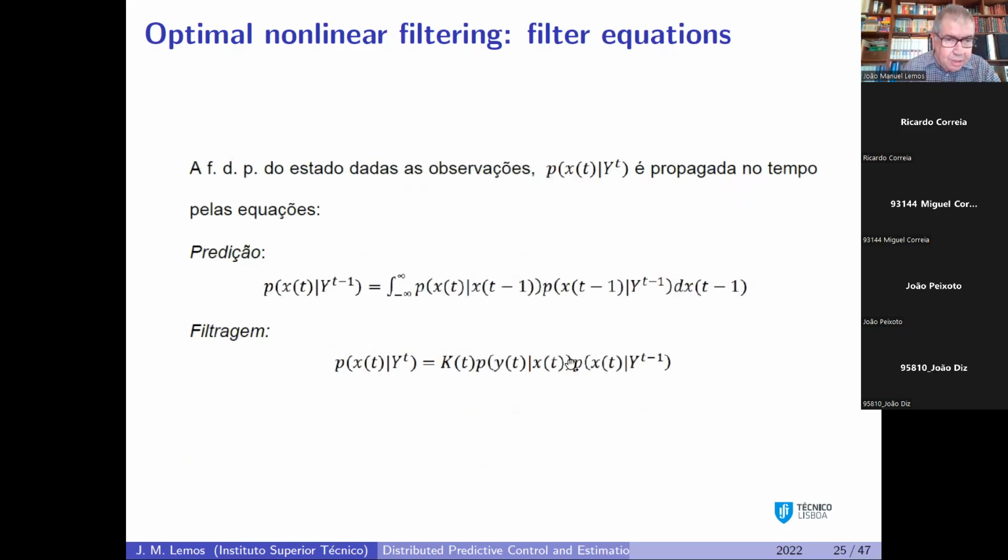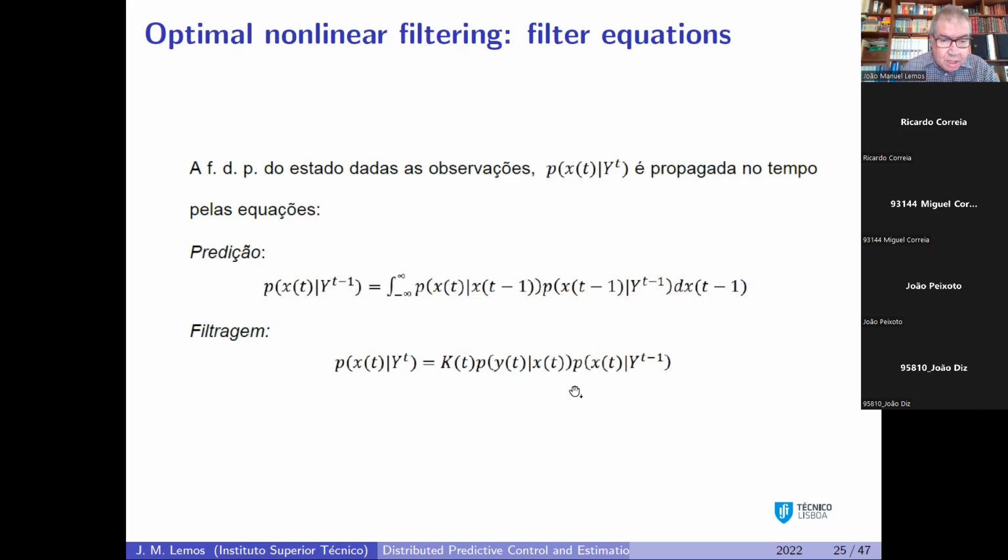So our nonlinear filter in general consists of these two operations. You start with the density of the state in the previous time instant, given the observations up to the previous time instant, and then you do a prediction. This prediction is a convolution integral.